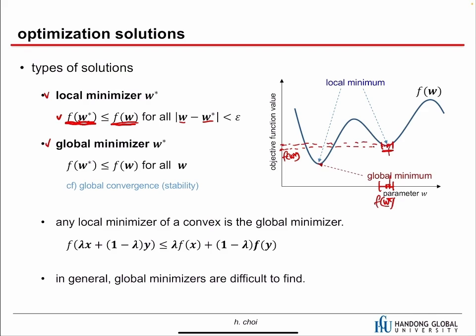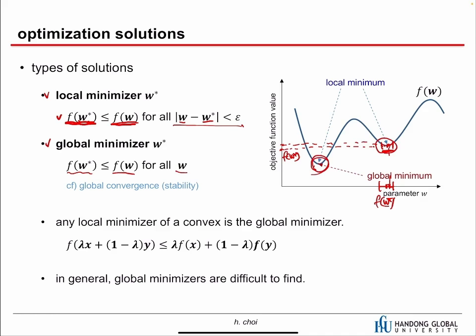We focus on the local area. Then a global minimizer doesn't have any constraint like this one. So f of w star is smaller than or equal to f of w for all w. This one is a global minimum, and this one and this one are local minimums.